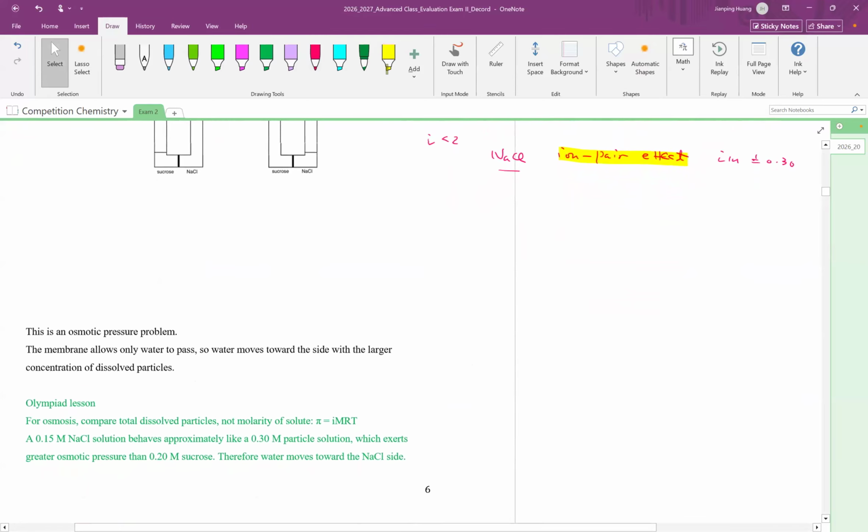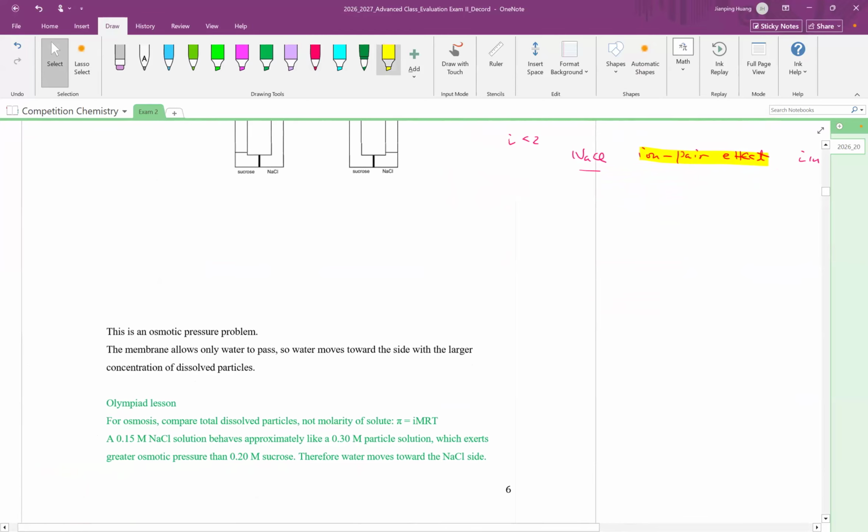Now here, see, what's my takeaway? What's the learning point? Oh, also colligative pressure. Membranes only allow the water to pass through, water to the side with the larger concentration of dissolved particles. I use the word particle. Why? That particle could be molecules.